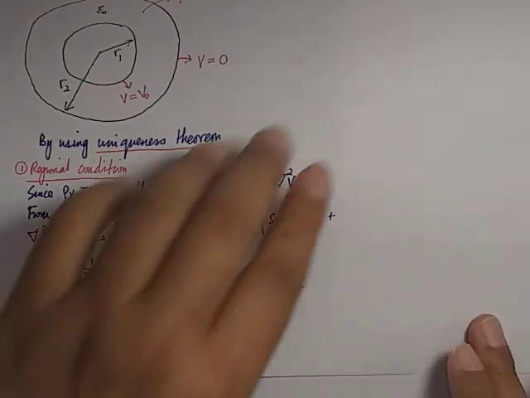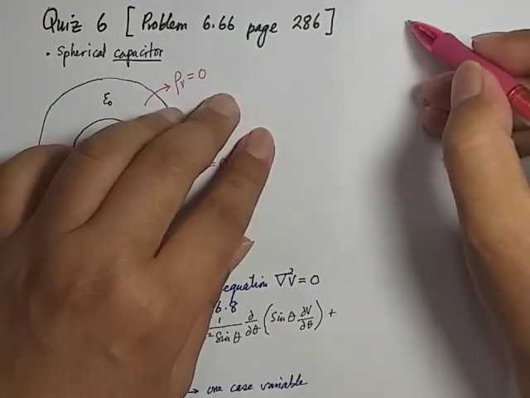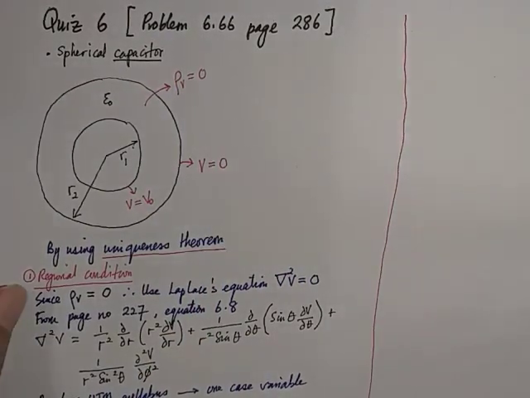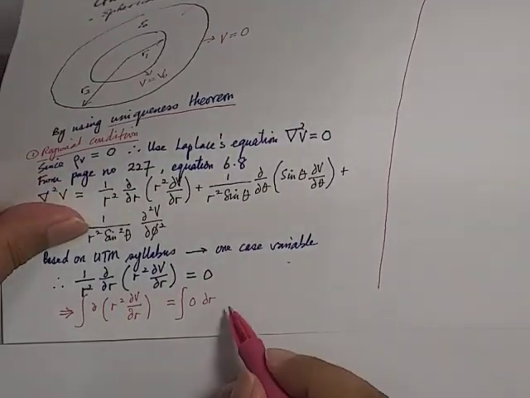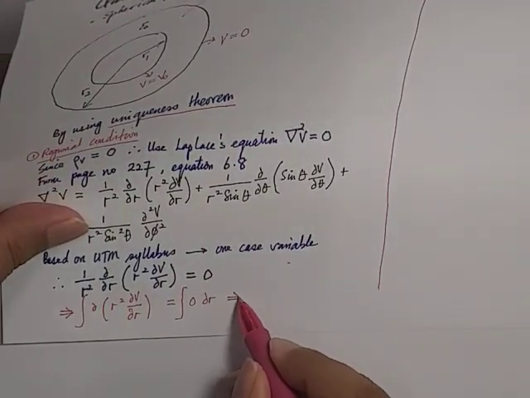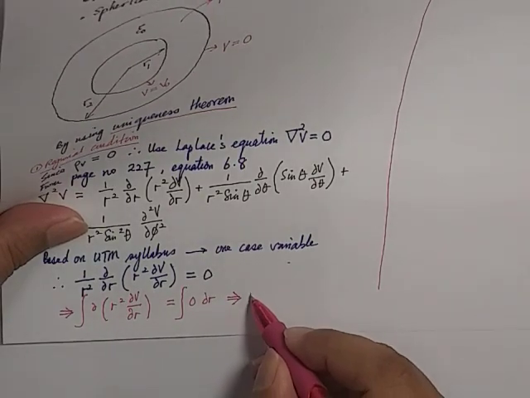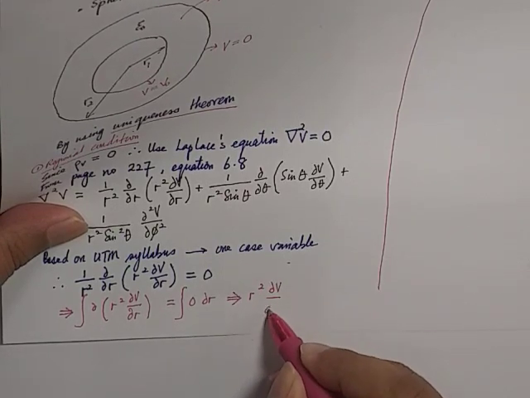So whatever appears in this bracket is going to be as it is, so it should be dV over dr.